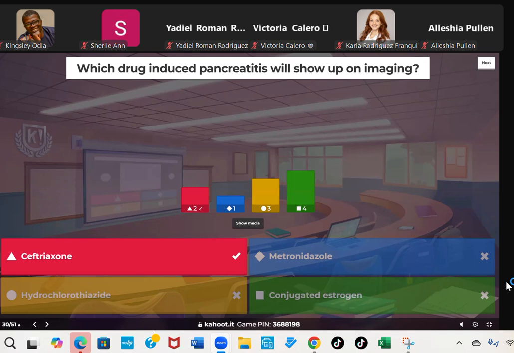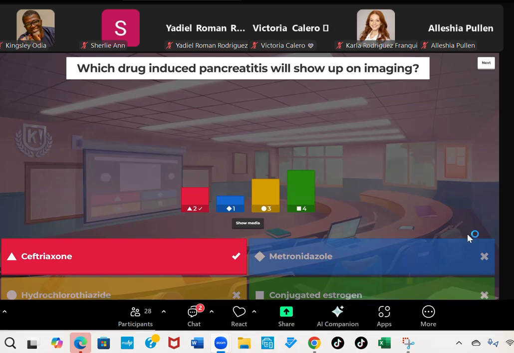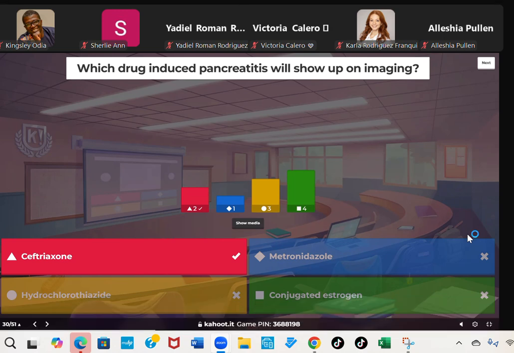So ceftriaxone, I want you to remember, we can't use ceftriaxone in little babies because little babies' livers don't work. It causes biliary sludging. The biliary sludging is dumping in to where the pancreas goes into that sphincter of Oddi, potentially gallstones. That is going to show up on ultrasound because it is blocking. There's something going on with the sphincter of Oddi.